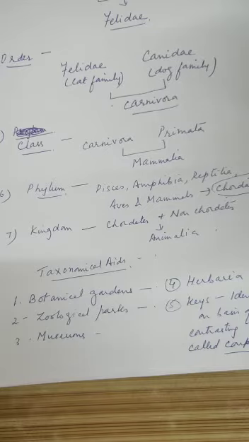Okay, so there is a definite motive behind the making of these botanical gardens. Some of the famous botanical gardens would be the one in London called Kew Botanical Garden, or we have a famous one in Kolkata as well as Lucknow.